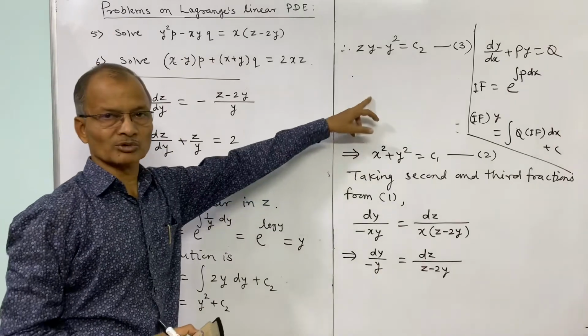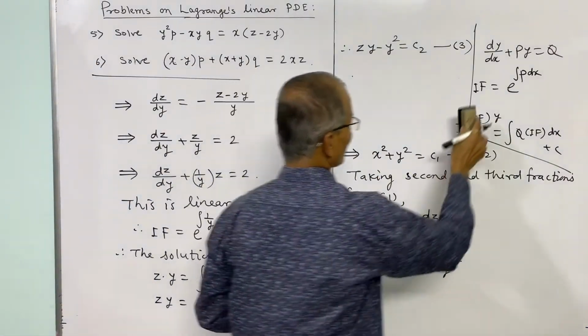and thus from 2 and 3 the general solution can be written, or the general integral is from 2 and 3.